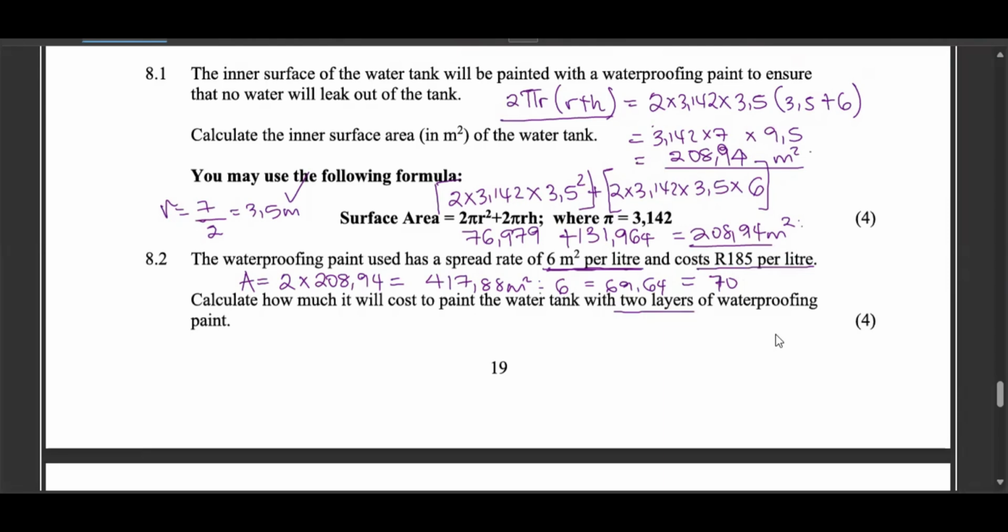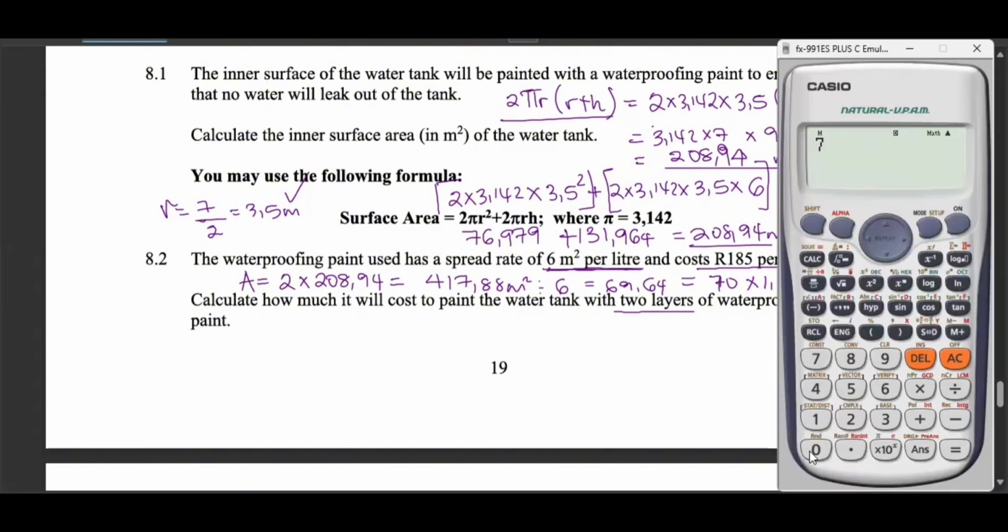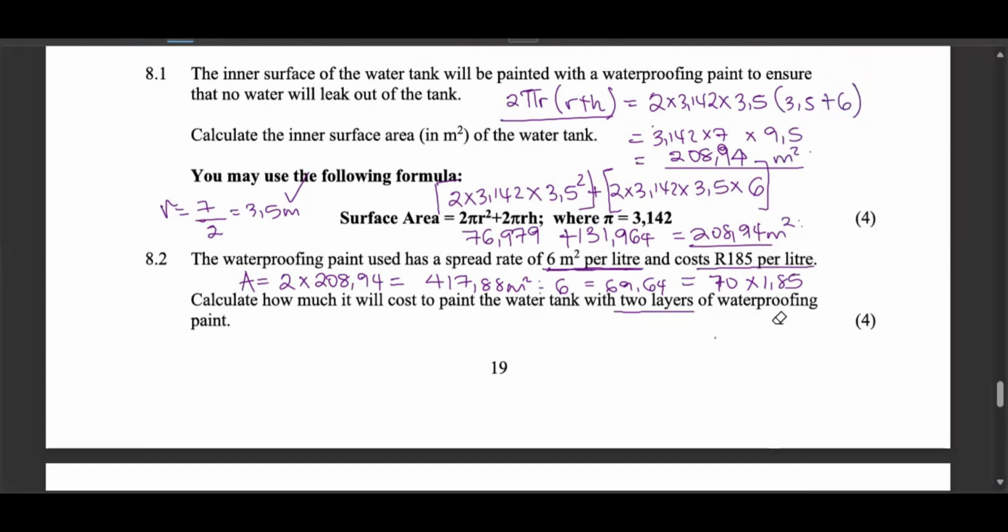We are not interested in the liters, we are interested in the cost. So we shall multiply this by 185. 70 times 185 gives us 12,950.